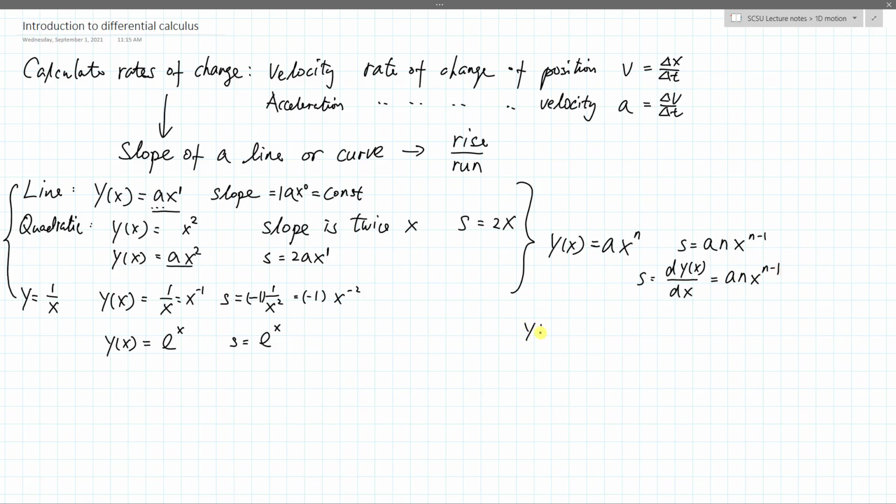If y of x is, say, 2x cubed, then what about the slope of that, or differentiation of that? dy over dx is equal to, well, we keep the factor in front, and we obtain the power, and then we decrement the power, so 6x squared. That's how the slope of this is. It's going to vary like that.